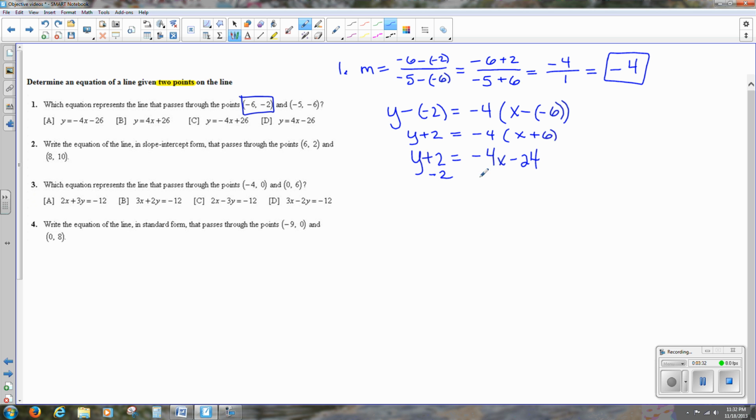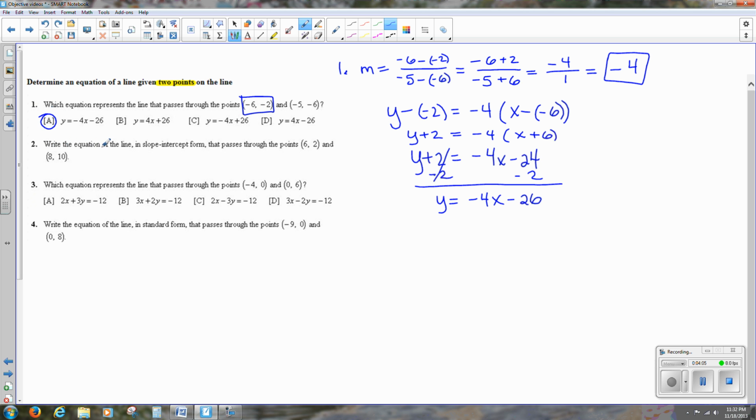Now I can subtract 2 from this side. I'm going to subtract the 2 from the constant. So we have y equals -4x. -24 minus 2 more is -26. So we need -4x minus 26. That would be, let's look carefully at our signs, -4x minus 26, choice A.